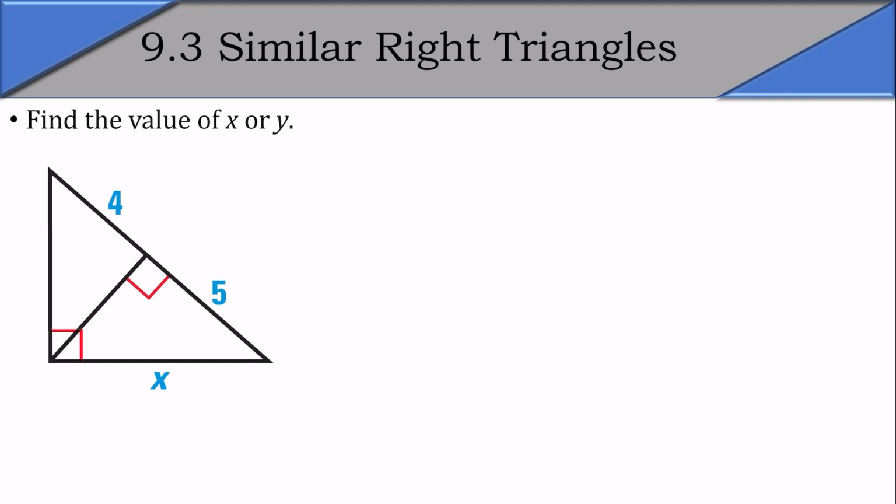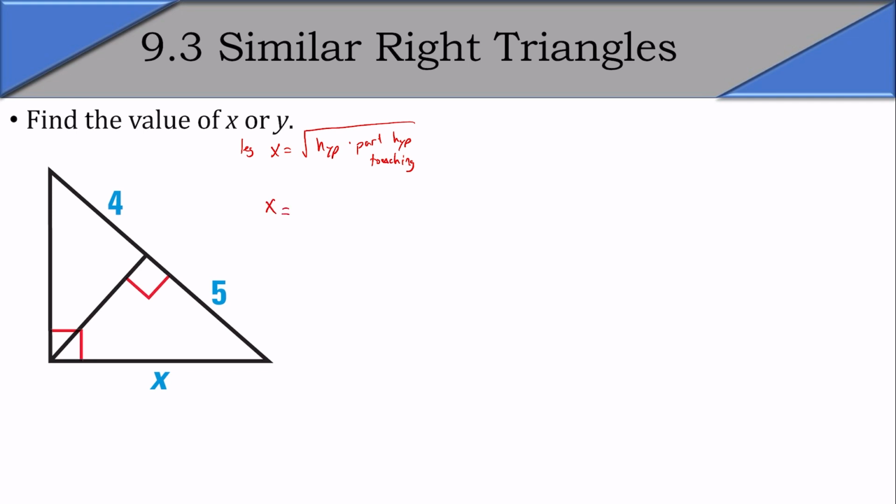Let's find the value of x. The shortcut way is we notice x is a leg. So the shortcut is x, the leg, is the geometric mean of the whole hypotenuse and the part of the hypotenuse touching that leg.